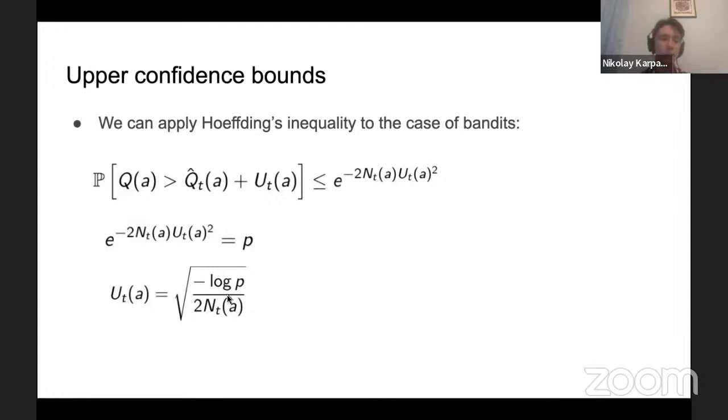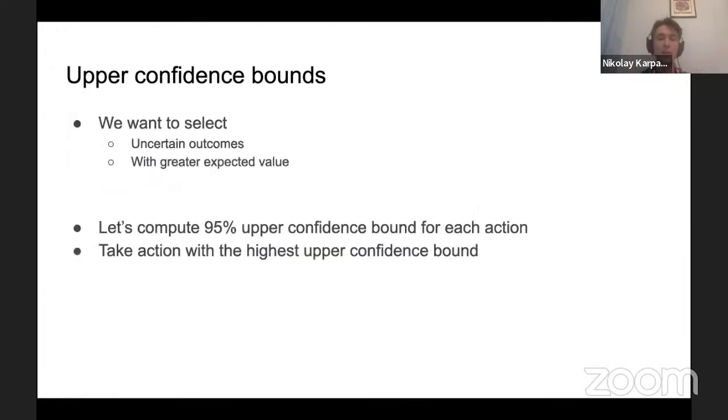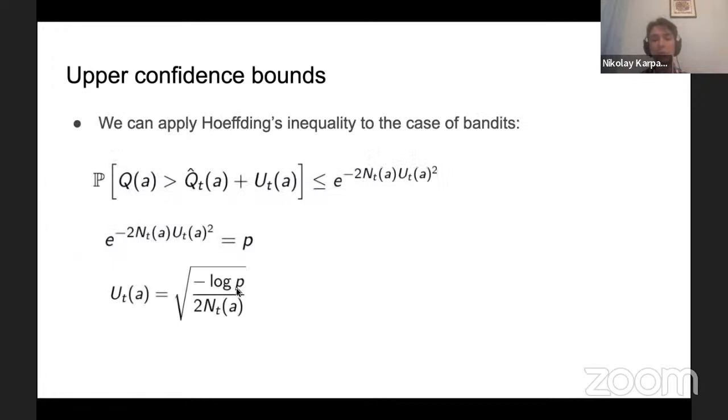So given the fixed probability of deviation, in the case of a 95% confidence bound, it would be 2.5%, because the deviation works in two directions.